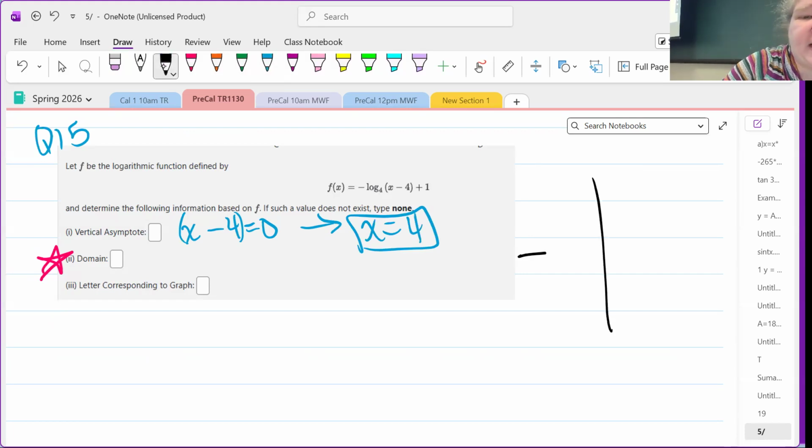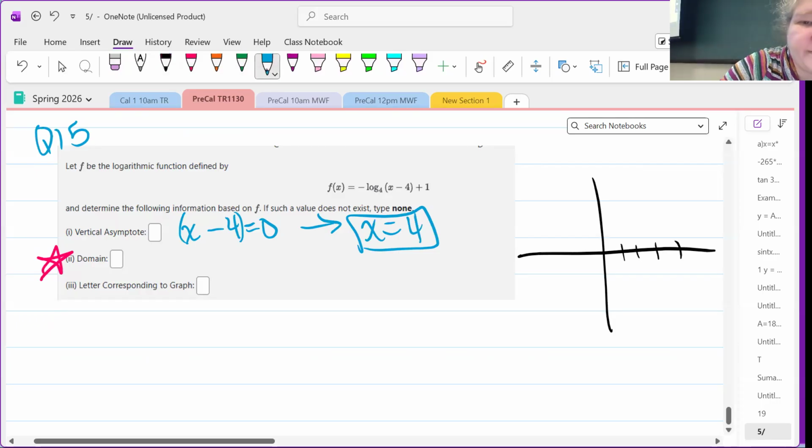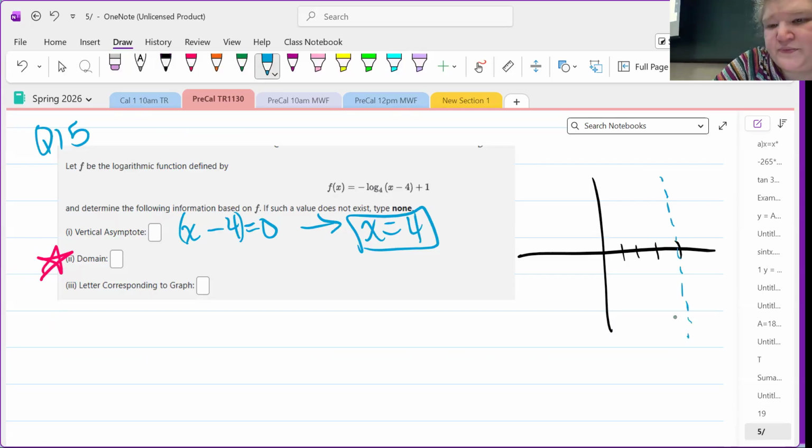So when I'm thinking about the graph of this particular function, it's got an asymptote at 4. So my log graph is either going to be completely on the left of this asymptote or completely on the right of this asymptote. But I have to figure out which one it is.